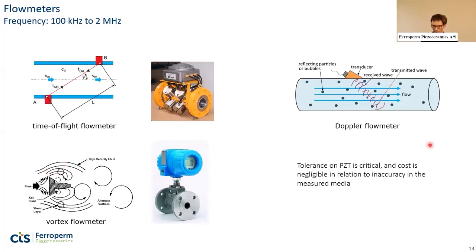And as you see in the comment, it may be very important to have a very precise measurement of the flow, because sometimes it's very valuable liquids that are being pumped or sent through the pipes.